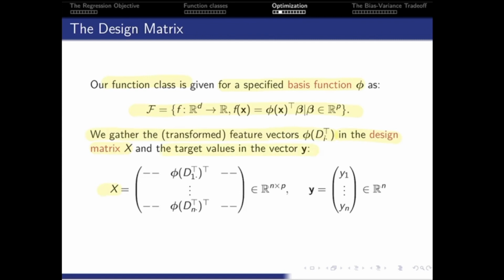So here we have our design matrix X, and the rows are the transposed values of phi applied to our observations of our feature vectors. And then the design matrix has here now p transformed features and still n observations. This is of course still the same. And our target value vector has of course still n observations.